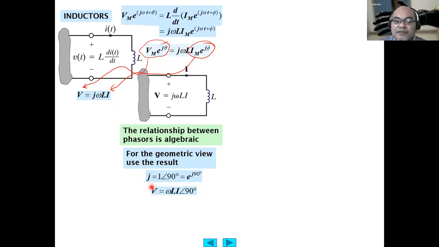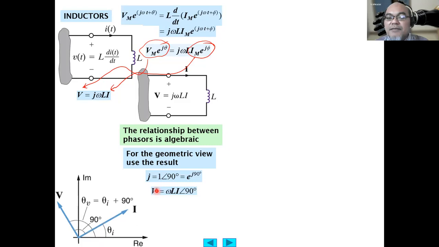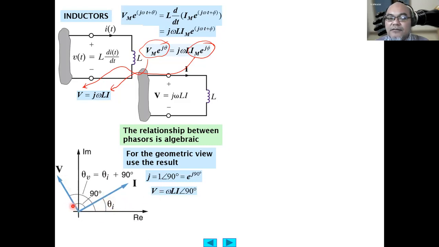So V equals omega L I with an additional angle of 90 degrees. What does it mean? It means the voltage leads the current by 90 degrees, or the current lags the voltage by 90 degrees. So theta V, the phase angle of the voltage, equals the phase angle of the current plus 90 degrees.